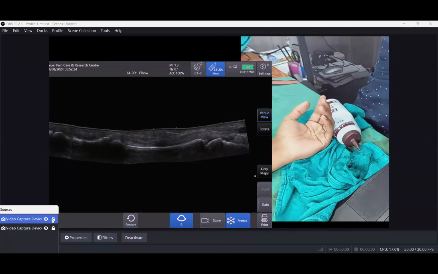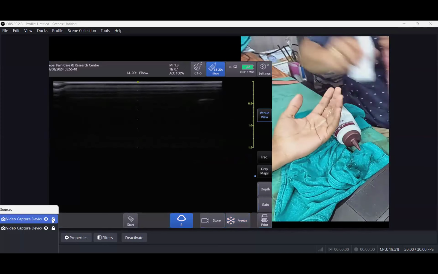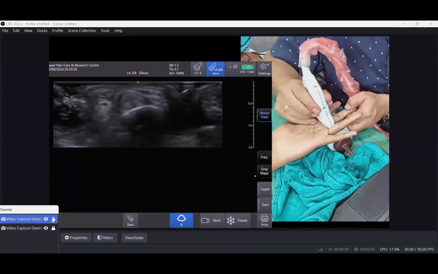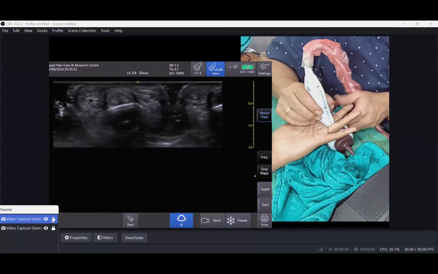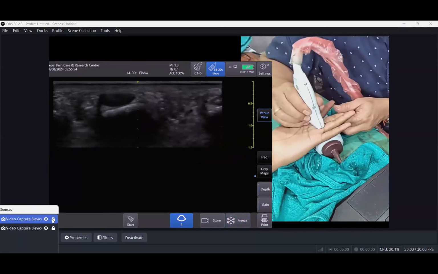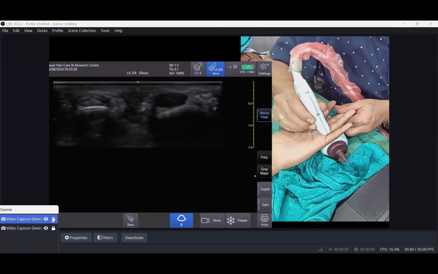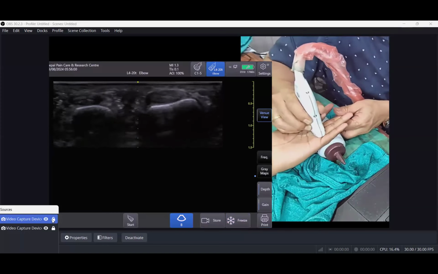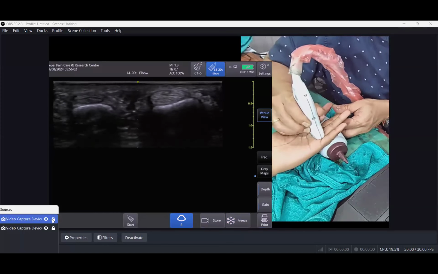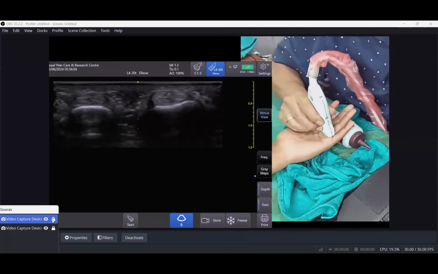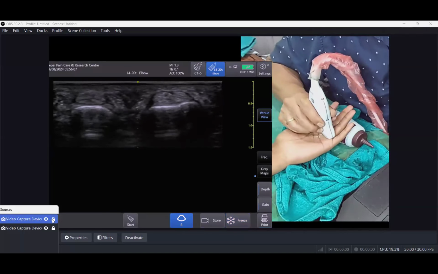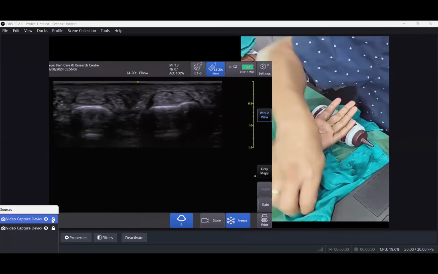Okay, so this is one view. Another view, finally I'm showing you the short axis view of the pulley, where you can see a faint ribbon-like structure. So here you can see the short axis view of the pulley.